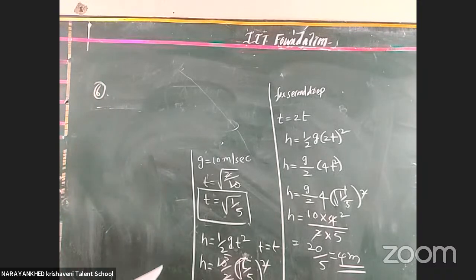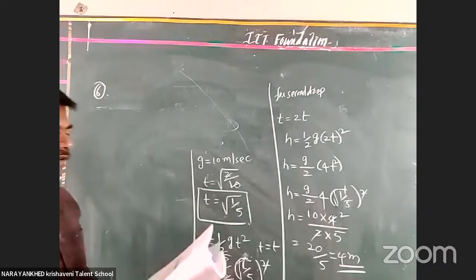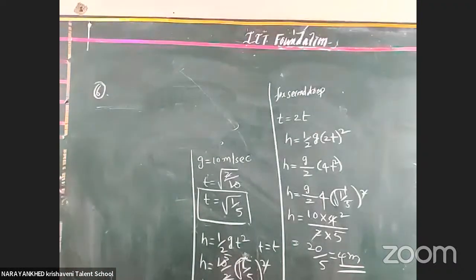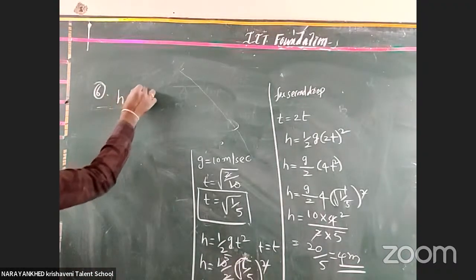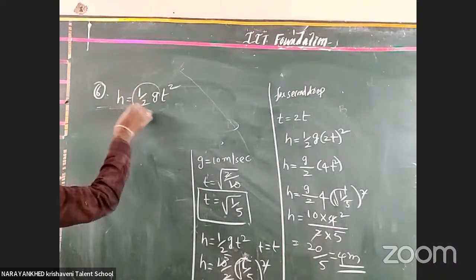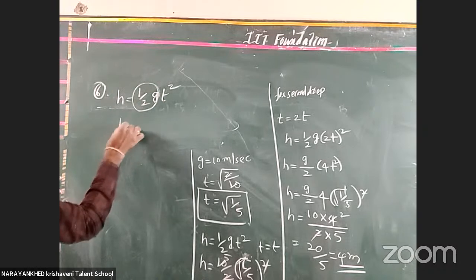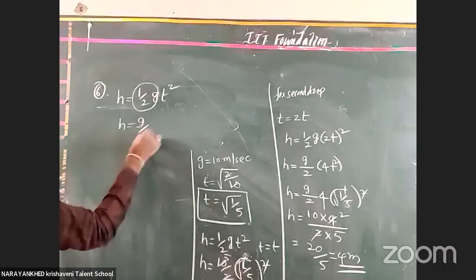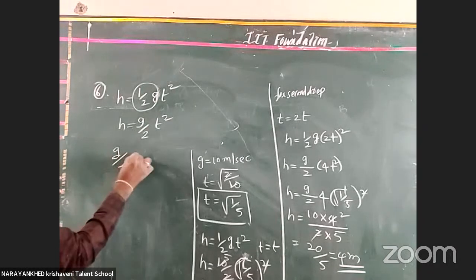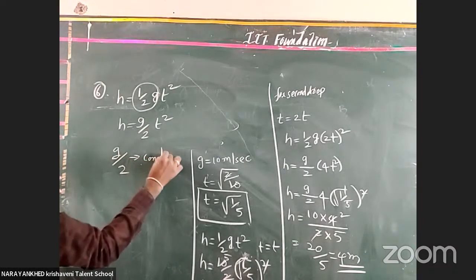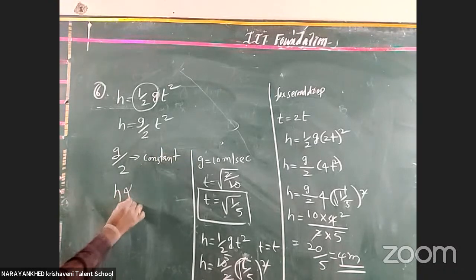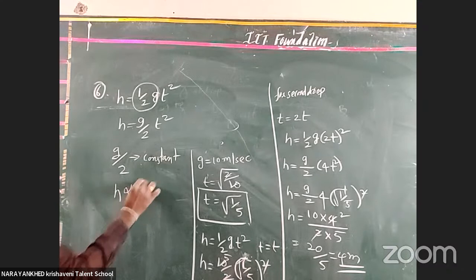What is given? The distance traveled by a freely falling body is directly proportional to... For the freely falling body distance, we have taken one formula, d = half g t square. You know very well, it is also written as d by t square, here d by t square is a constant, and then it is also written as h is directly proportional to t square.